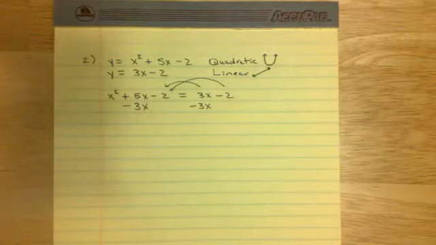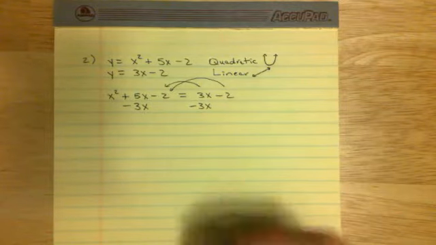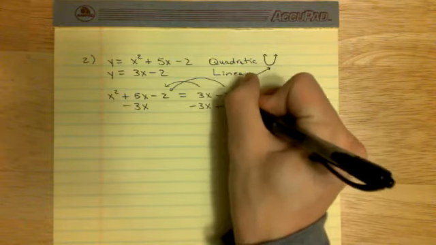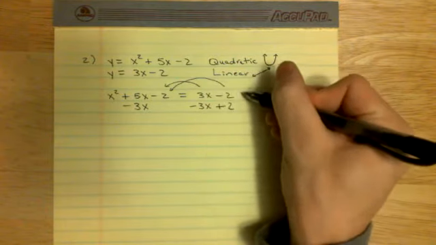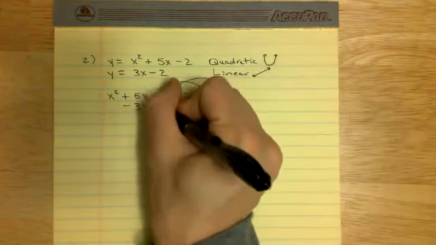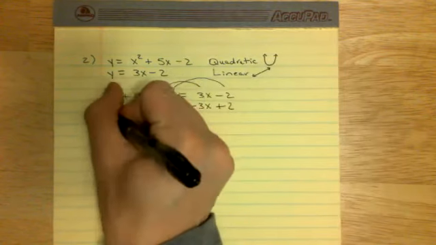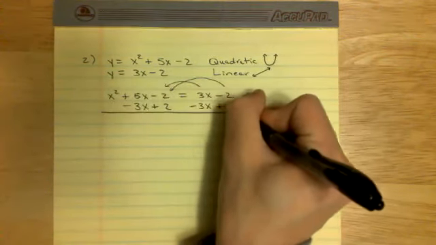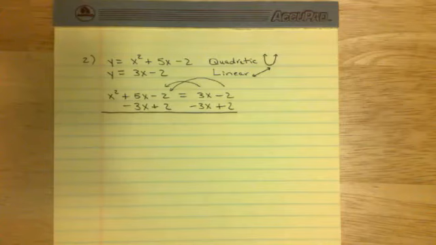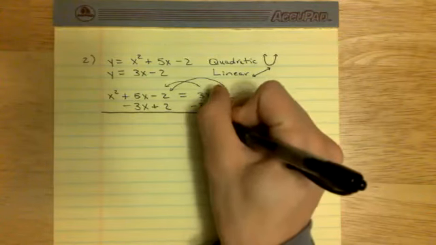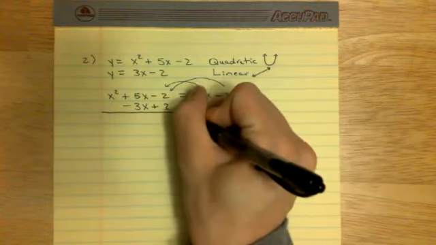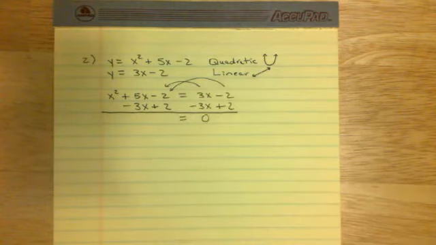We're also going to add 2 to both sides, so that way we can get rid of this negative 2 right here. Okay, so the right side is going to be 0. We always set it up so that's going to be true. I bring down my equal sign.